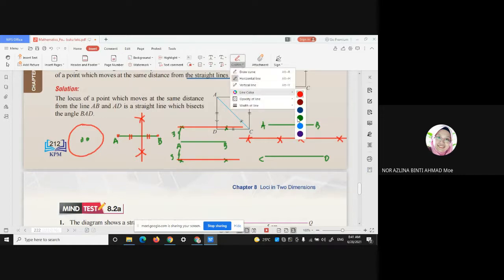Then we draw the horizontal line using ruler and pencil. This is the locus between 2 lines.